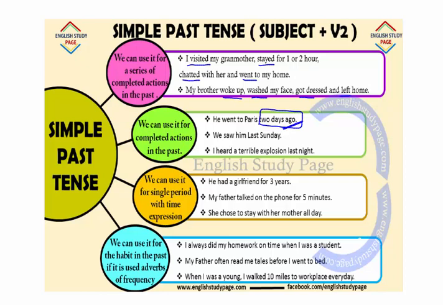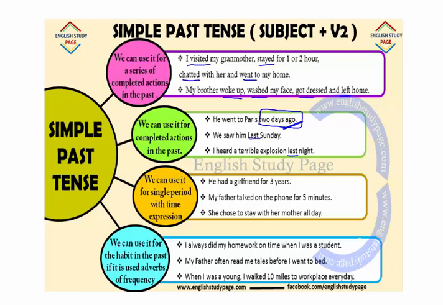He saw him last Sunday. We saw him last Sunday. I heard a terrible explosion last night, right? So last, ago, those words show this is the past tense.